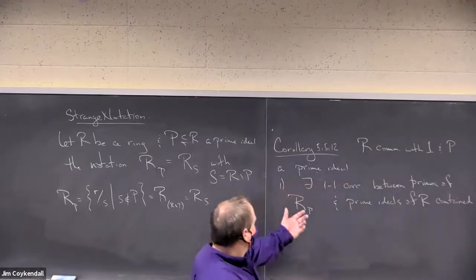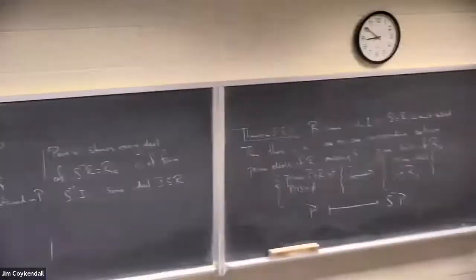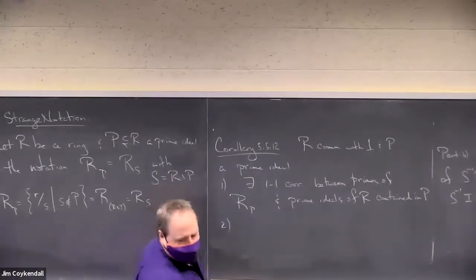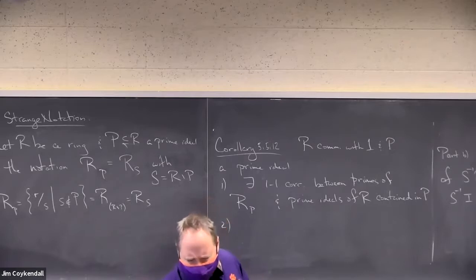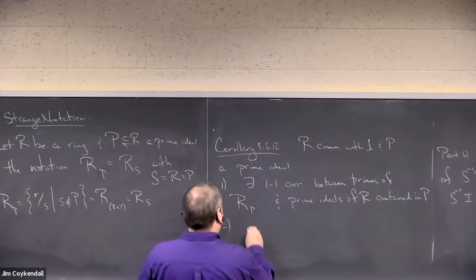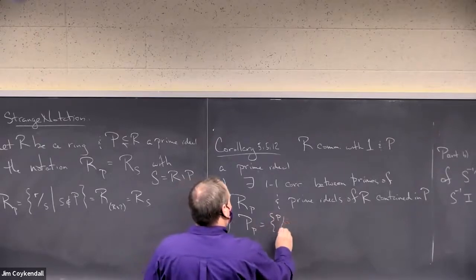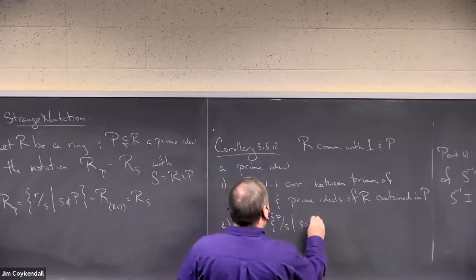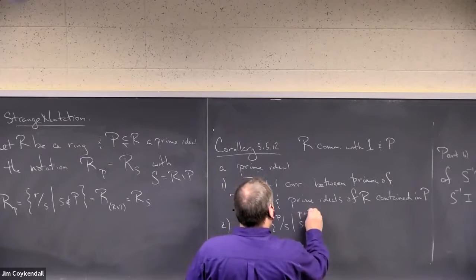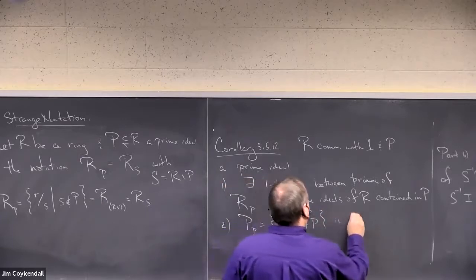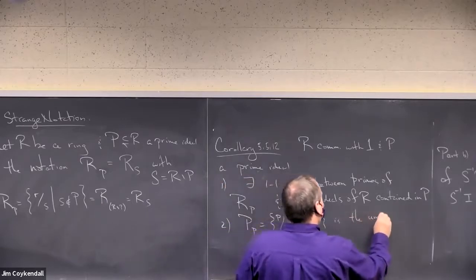So actually what happens when you localize at P is you only retain the primes that are contained in the original prime P, and P localized at P, which is the set of P over F, where F is not in P, is a unique maximal ideal.